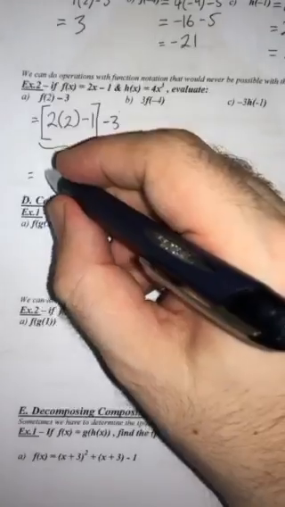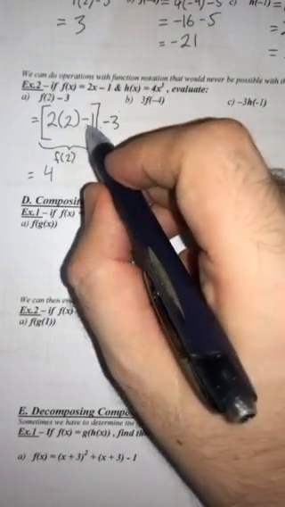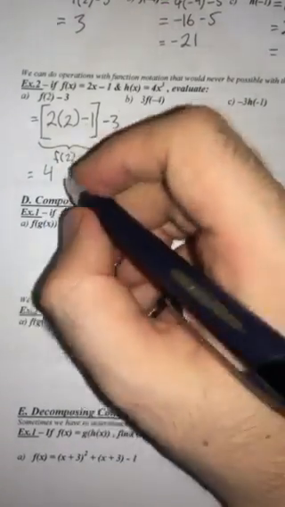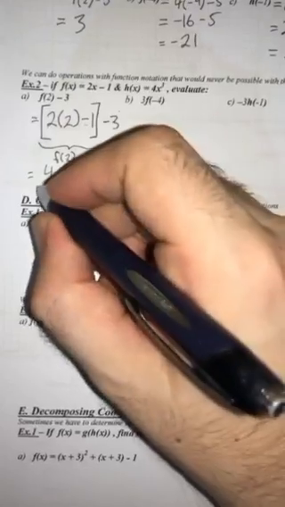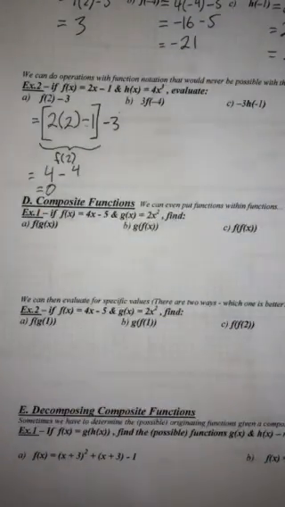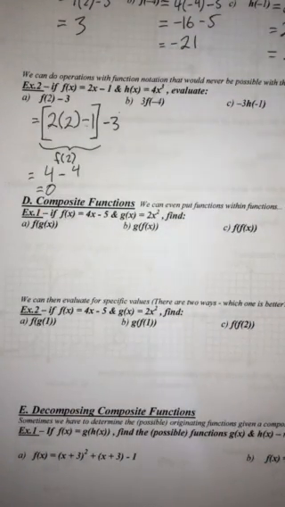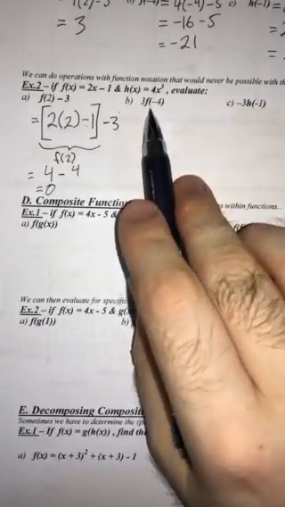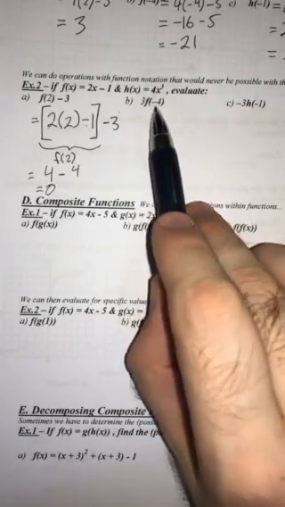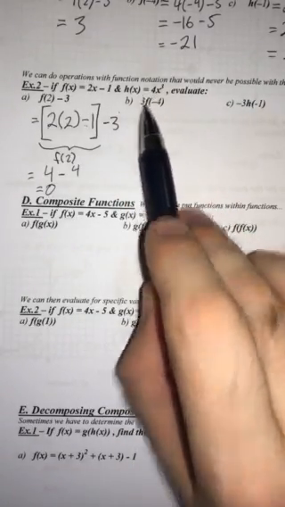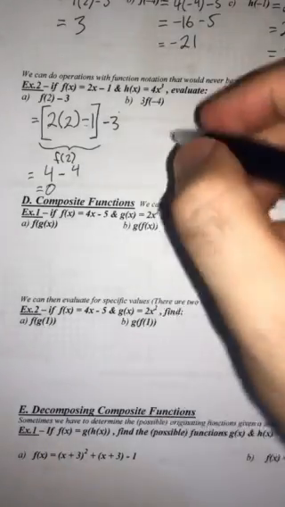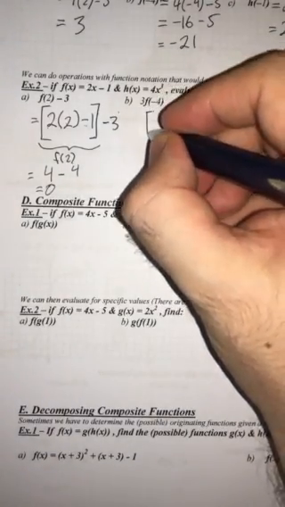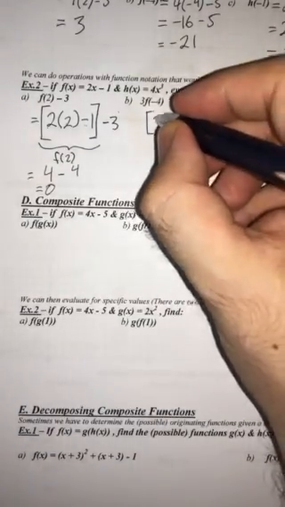So you can go through this and evaluate it. 2 times 2 gives me 4. Then I've got a minus 1 minus 3. That's going to be minus 4 here, which equals 0. So you just evaluate that as normal. Let's try it here. Now I'm going to evaluate f of negative 4 and then times all that by 3. Let's use this notation again that I just did.